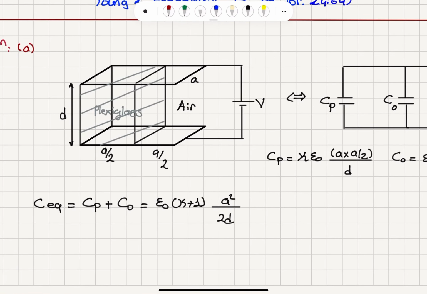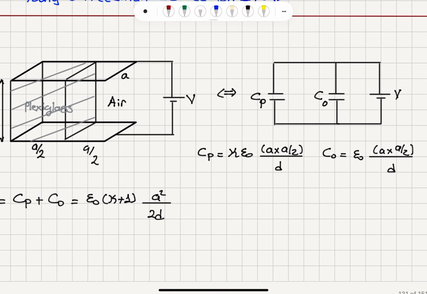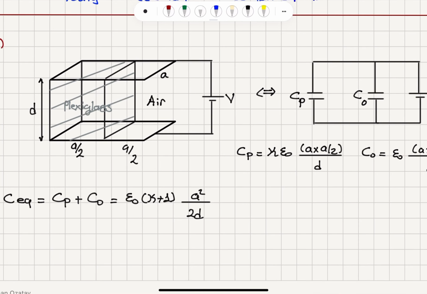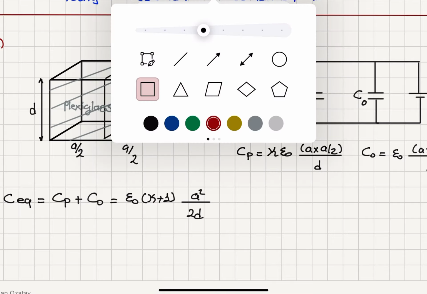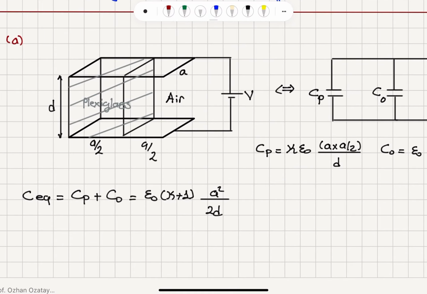Because this would give us A squared divided by 2D. This is kappa epsilon 0 times that, and this is epsilon 0 times that. So we have A squared over 2D times epsilon 0, kappa plus 1. Now this is the equivalent capacitance that we see.